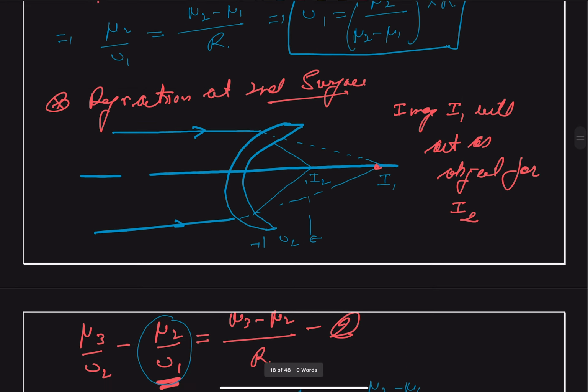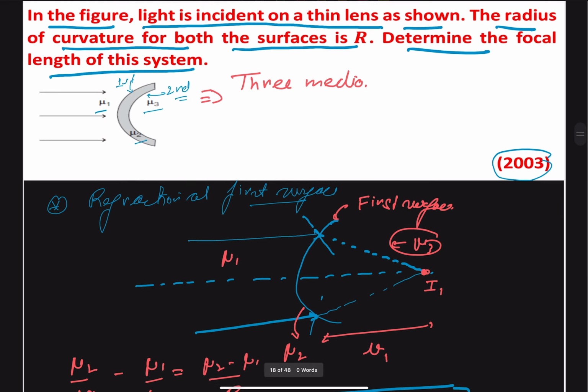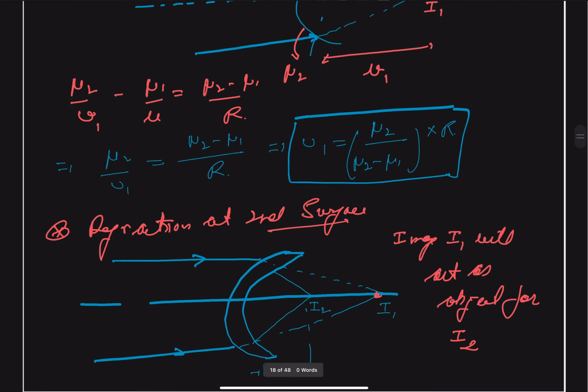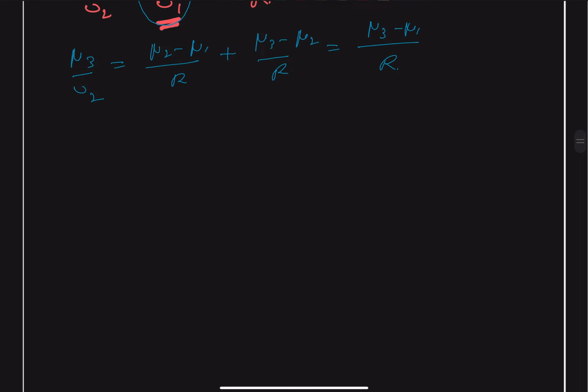We were supposed to only find out the focal length of this. So we get that our V2 will be equal to mu3 divided by mu3 minus mu1, multiplied by R. So this is the position of the image due to the entire system.